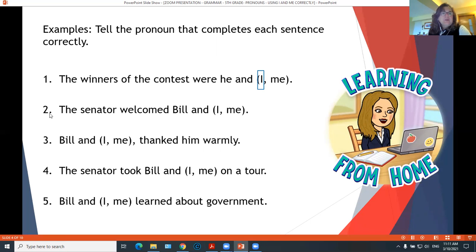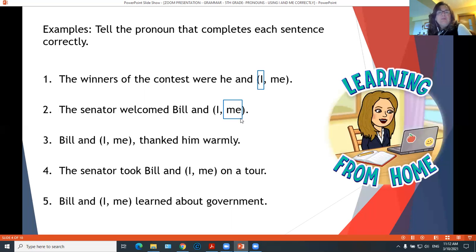Now, number 2, the senator welcomed Bill and, so in this case, we don't have the verb be. And in this case, Bill and either I or me, okay, is a compound object of the verb, so, of the verb welcome, sorry.